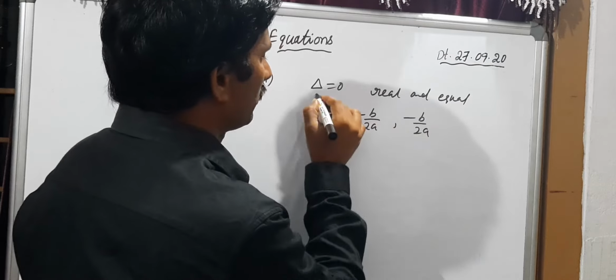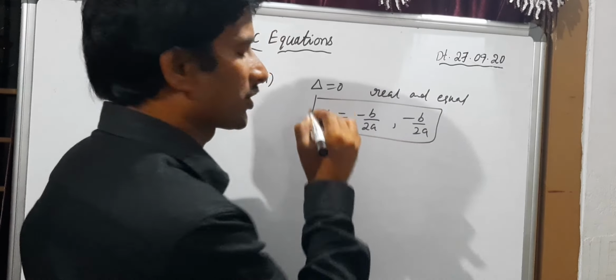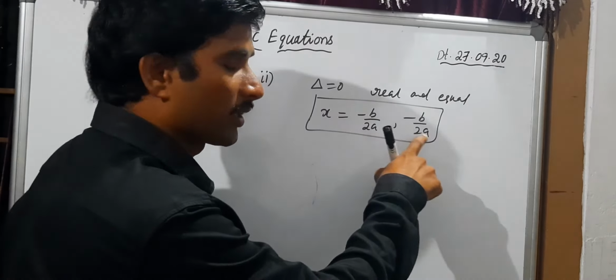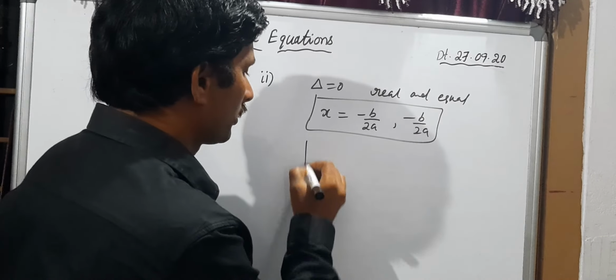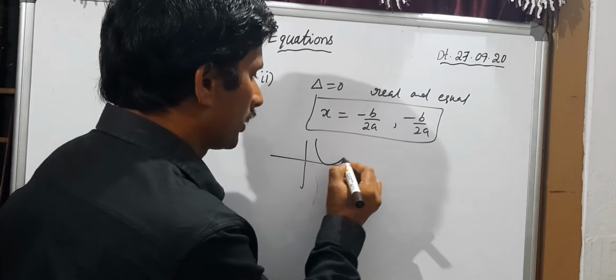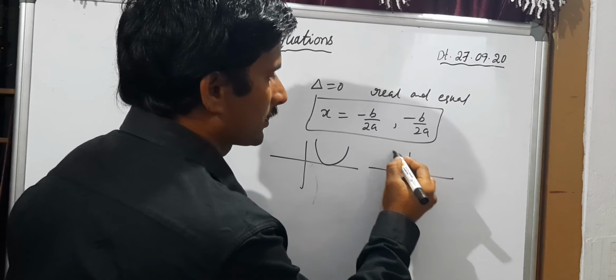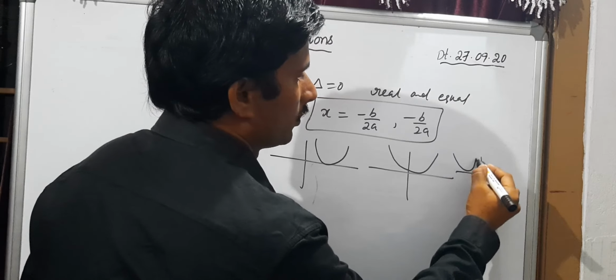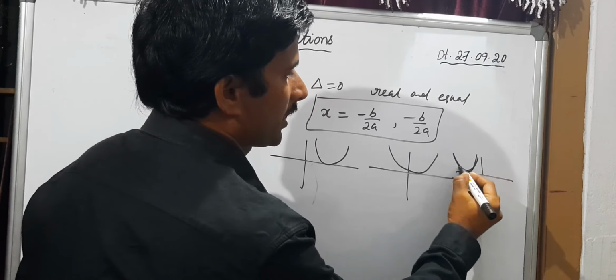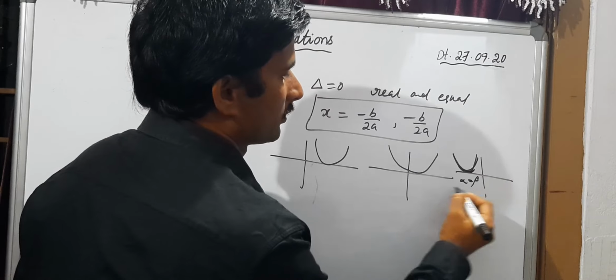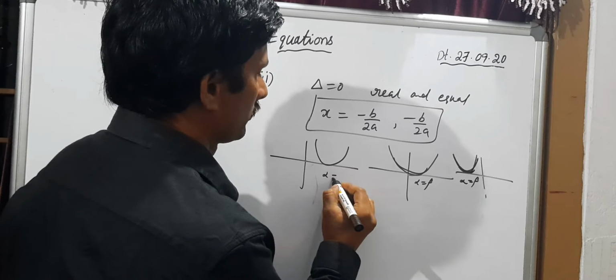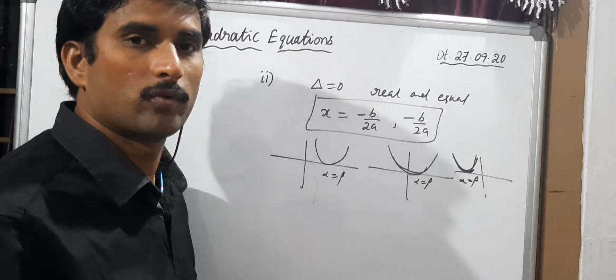So delta equal to 0 means we get equal roots. Then the parabola touches the x-axis at only one point. We have two equal roots, that means alpha equal to beta. This is the case delta equal to 0.